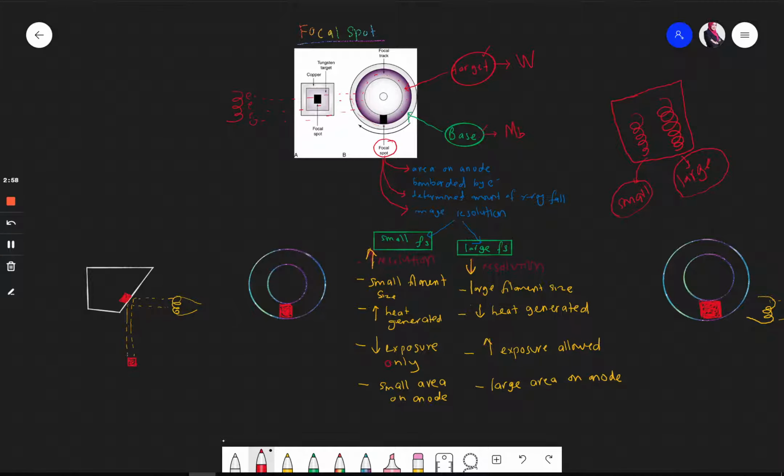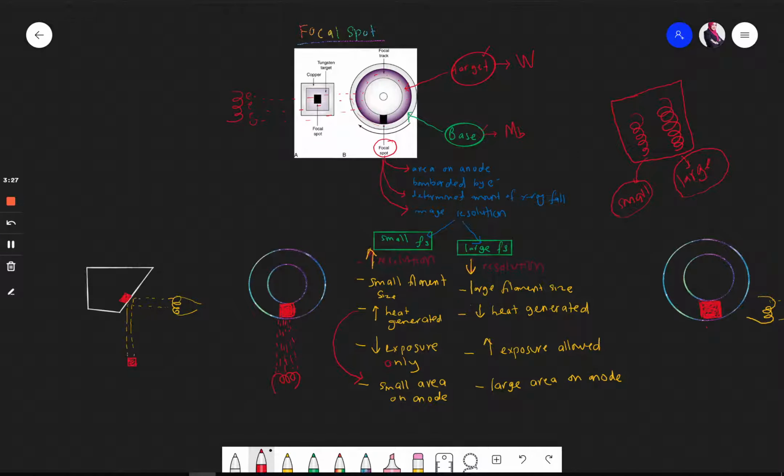Why? Because it is a small area on the anode. Look here, this is the small focus spot size compared to here, the large focus spot size. On the anode, the electrons bombarded from the filament are confined onto a small area.